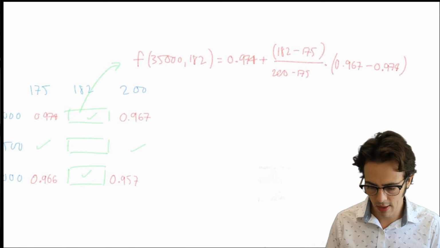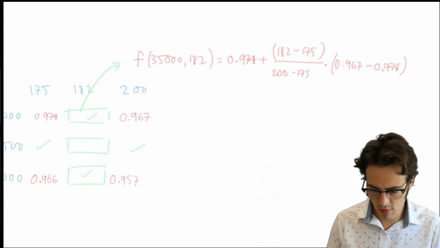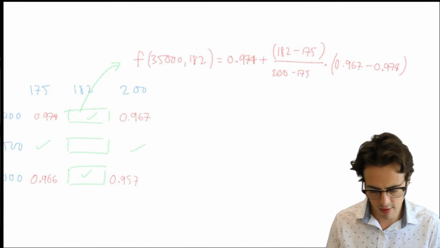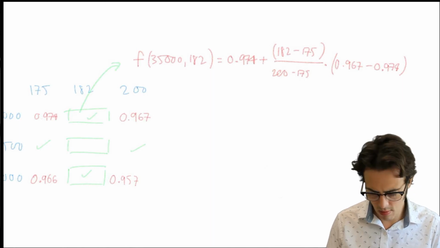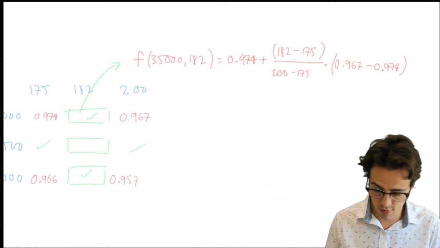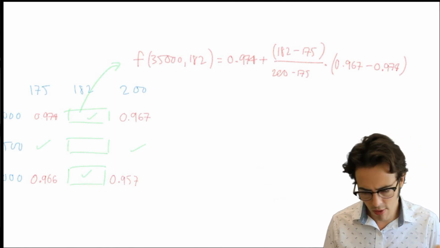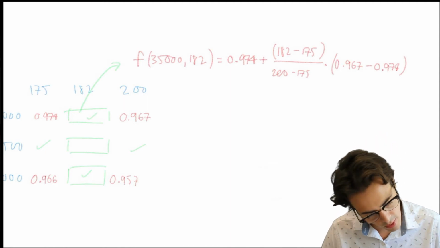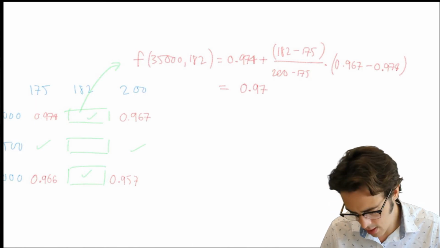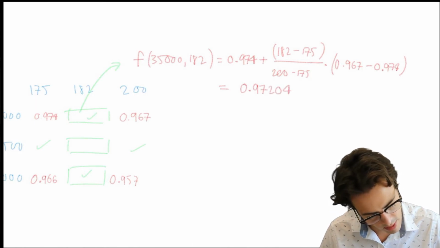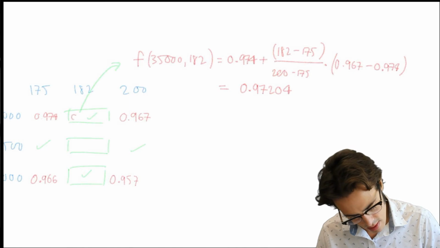So if I put that in my calculator, I get 0.974 plus 182 minus 175 divided by 25 multiplied by 0.967 minus 0.974. That gives me a value of 0.972. I'll present this to more decimal places than I've actually got in the table.